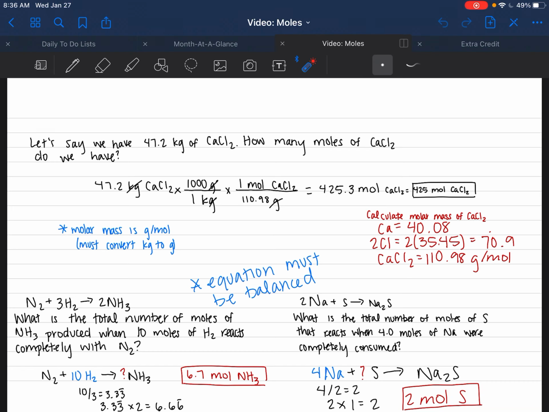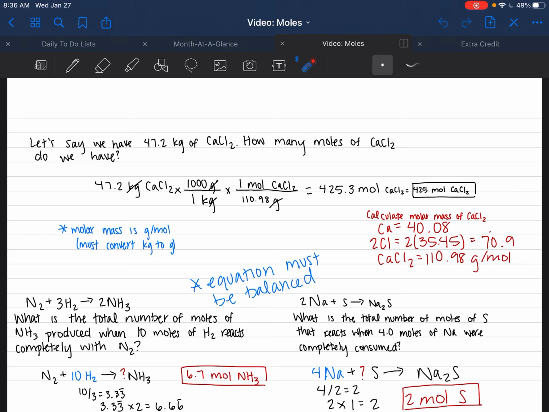We know that we want to get moles by the end of this problem. So we calculate our molar mass, and I did that over here. So calcium was 40.08. Again, we have 2 of chlorine because there's a subscript there. So 2 times that 35.45 is 70.9. Add those all together, and we get 110.98 grams per mole.